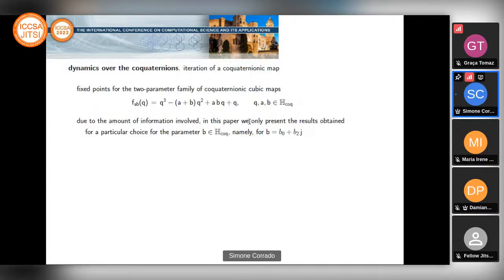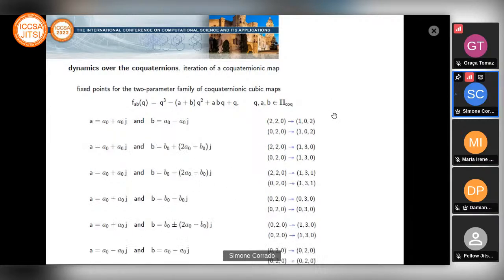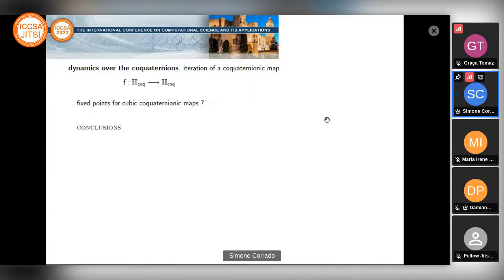There is some work to do for other values of the parameter b, but I can confess that maybe the results we get will not be as good as the second example I showed you. Okay, thank you very much.